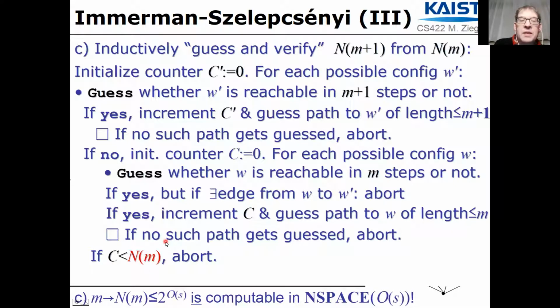And if that turns out to disagree, then our guesses have been incorrect and we abort. Whereas if we continue, we can be sure that the computation and guesses so far have been correct.